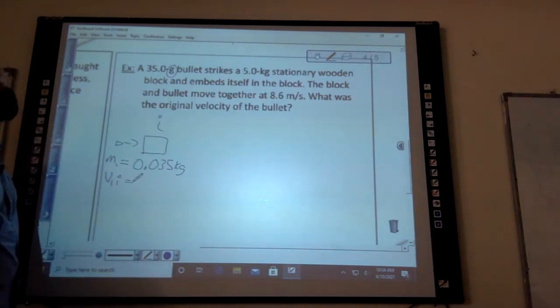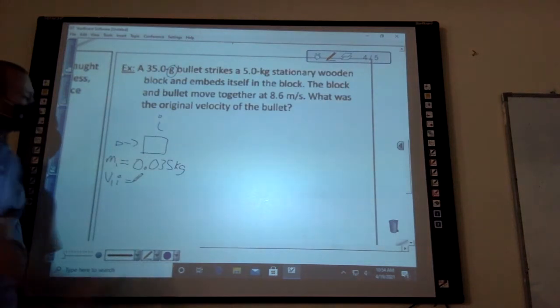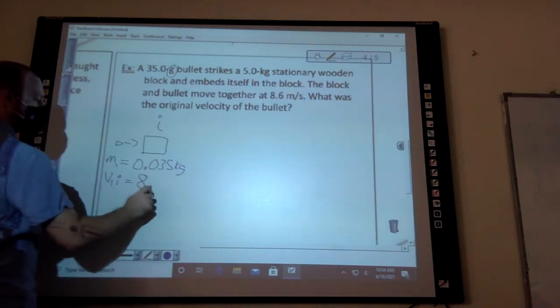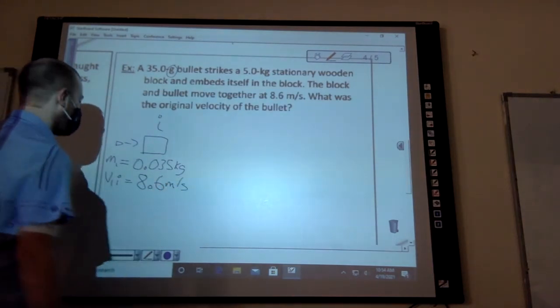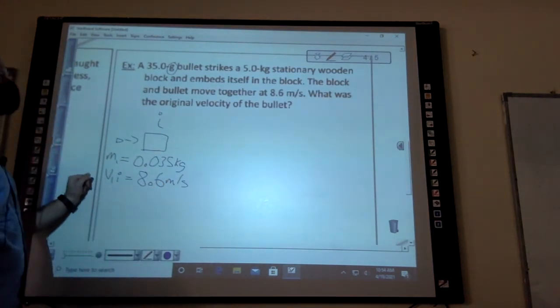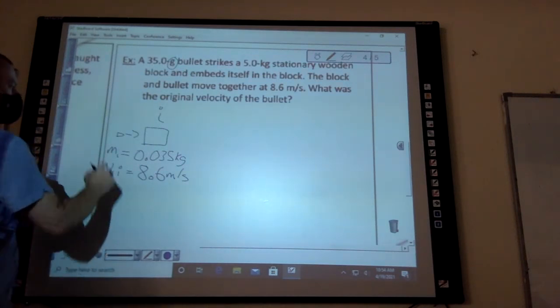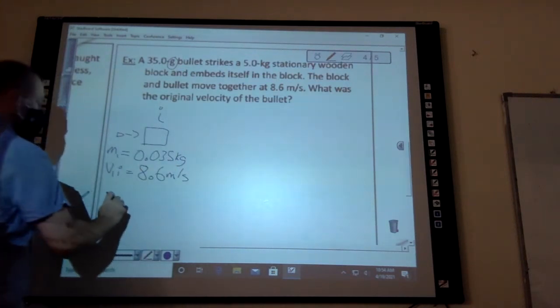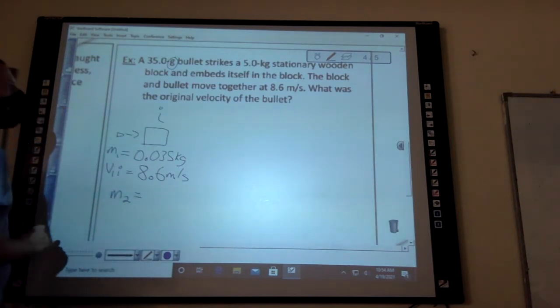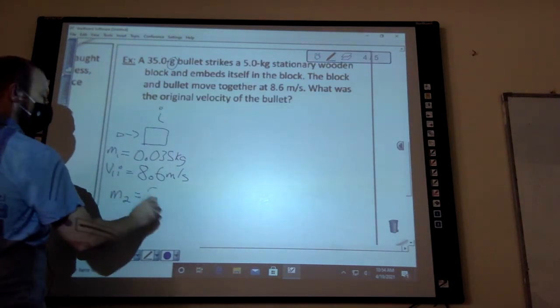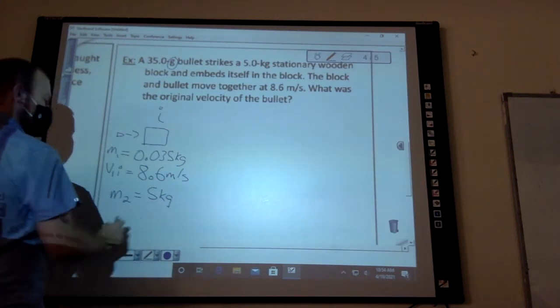V1 initial, 8.6. Why do we care about the weight of the block? Because it matters. So that's M1. Let's do the wooden block as M2. It's 5 kilograms.